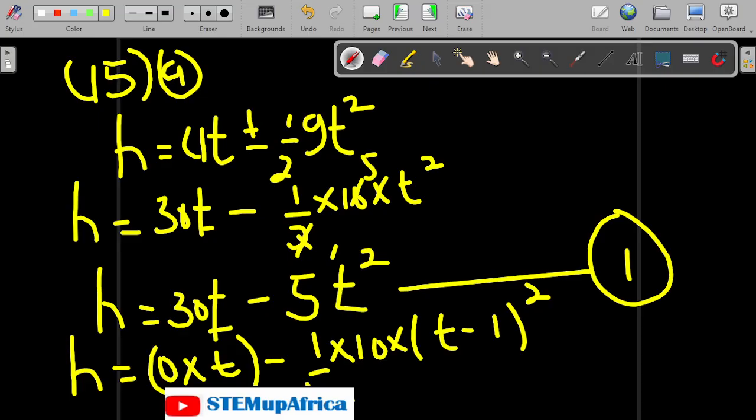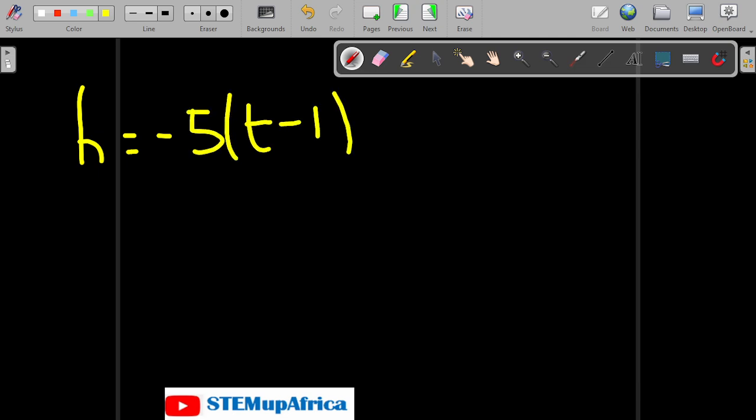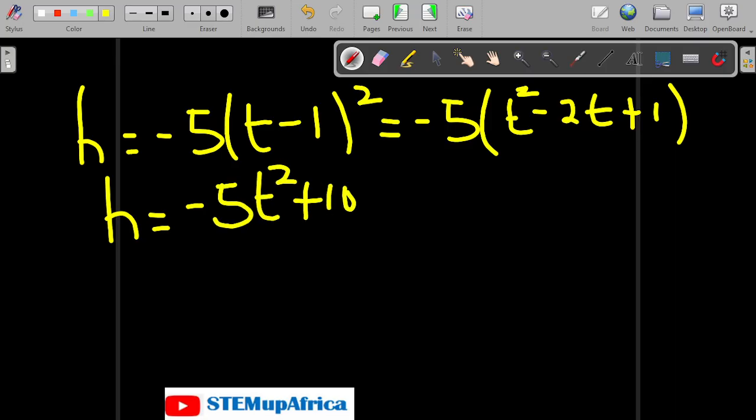So the same way, 2 here 1, 2 here is 5. So my height will give me minus 5 into t minus 1 squared. If I expand t minus 1 squared, that will give us t squared minus 2t plus 1. So let the minus 5 go through. I have minus 5t squared plus 10t minus 5.